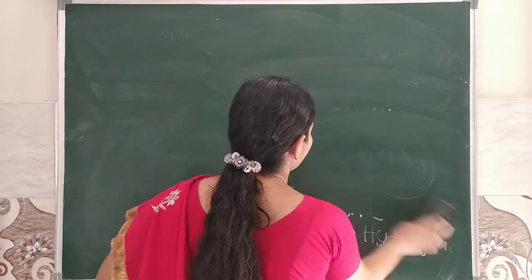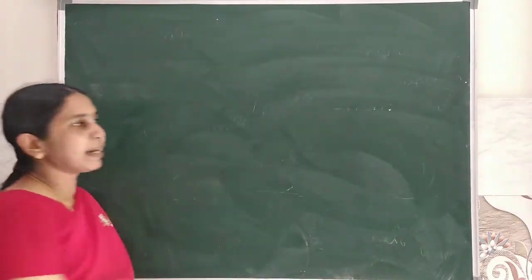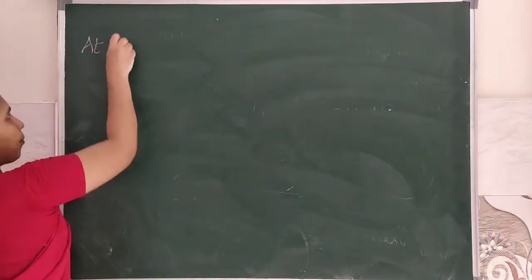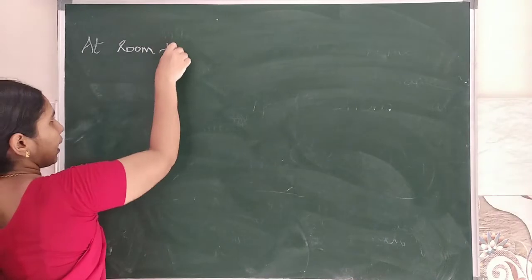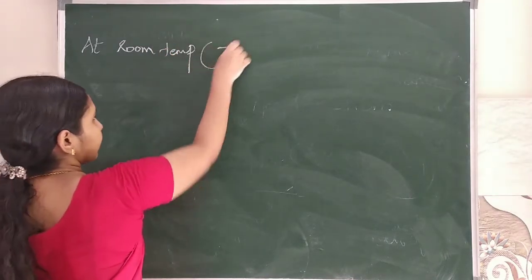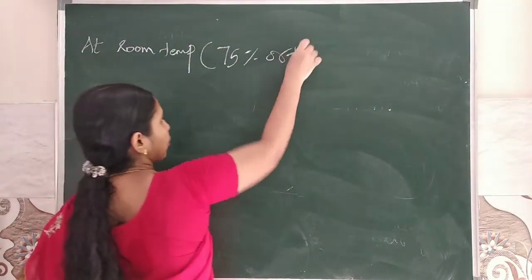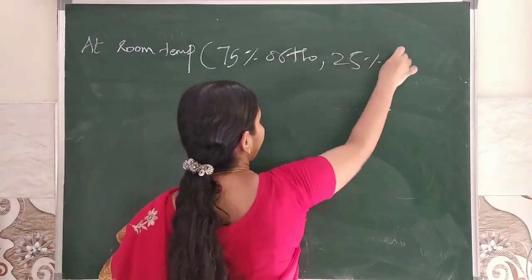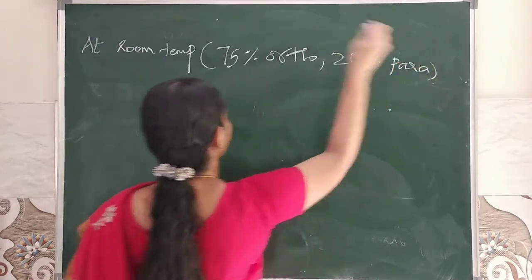During molecular hydrogen formation, if the spin of the hydrogen nuclei is in the same direction, it is orthohydrogen. If it is in the opposite direction, it is called parahydrogen. At room temperature, ordinary temperature, 75% is orthohydrogen and the remaining 25% is parahydrogen.